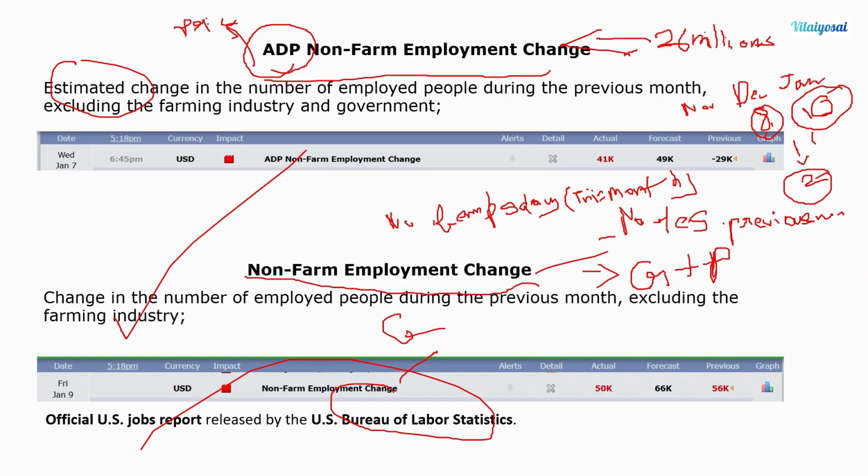By calculating how many employees' salary has been calculated by ADP, it will tell the employment change. Here minus 29k has been mentioned in the December month. That means layoffs have happened.